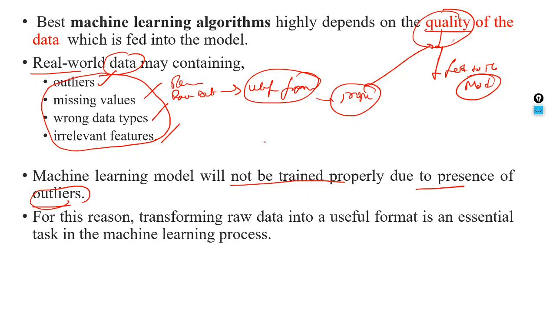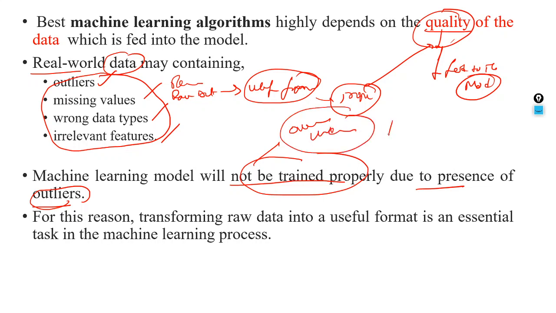Then the machine learning model will go to overfitting or underfitting. These are the two main challenges of machine learning models. When data is not properly pre-processed, the model goes to either overfitting or underfitting due to the presence of outliers.